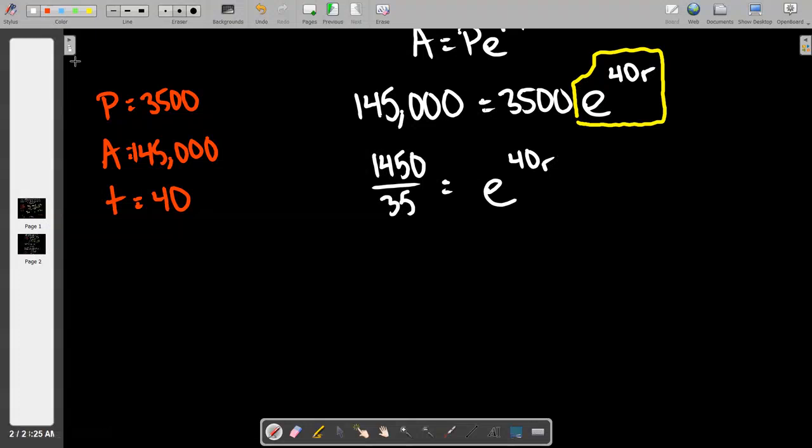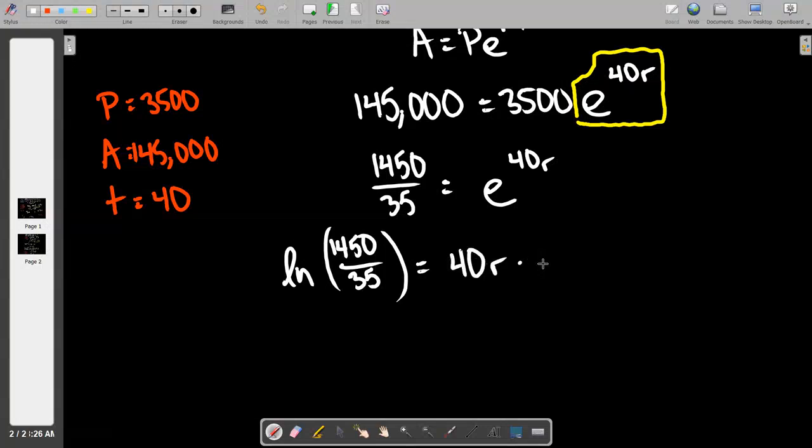So if I log both sides, I'm going to natural log both sides. I'm going to do the natural log of 1,450 divided by 35 is equal to 40R times the natural log of e. Why did I natural log?